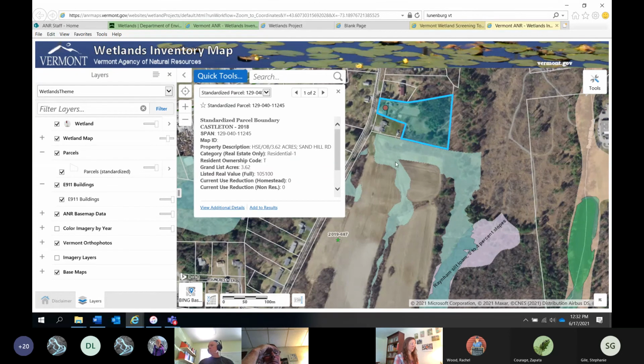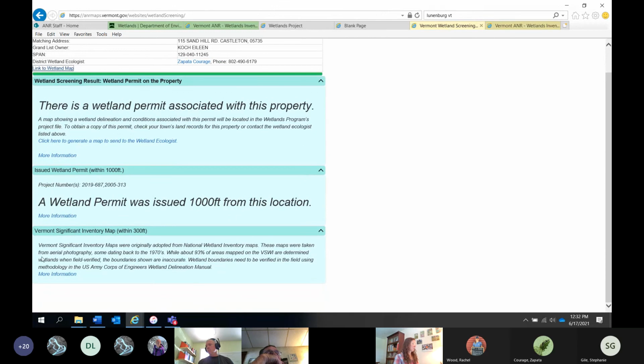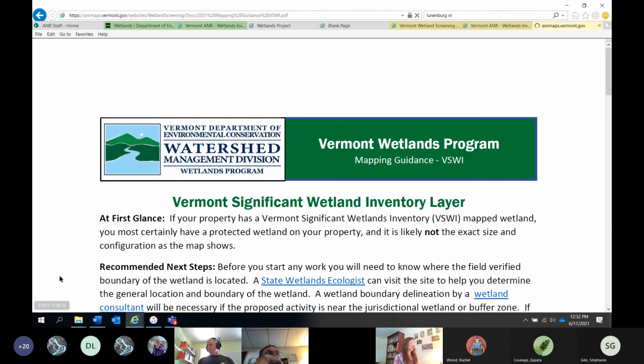Based on what I know, this is probably the delineation that got picked up and added to the VSWI when this permit came in. So yeah, this also has the VSWI on here, and it talks about what that is. So you could do a pop-up in here too.